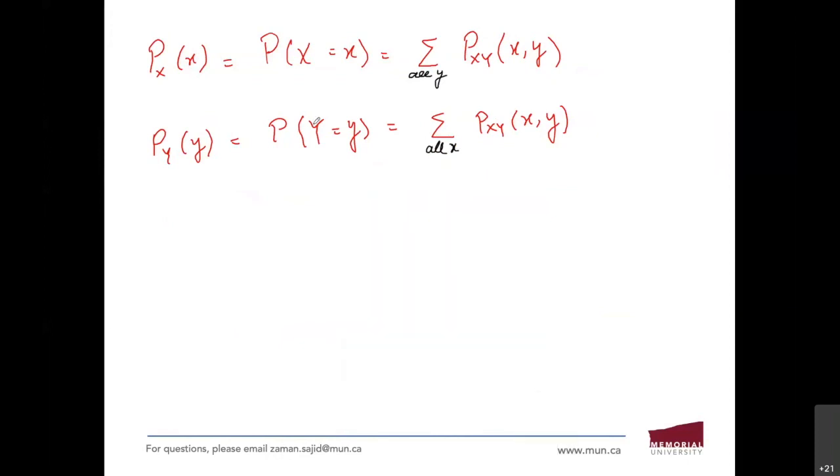Now these are called marginal distributions.